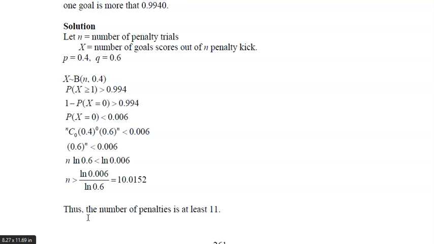The conclusion is that the number of penalties is at least 11, because we cannot have 10.0152 penalties. Since n is more than 10.0152, the least one that you can get is 11.